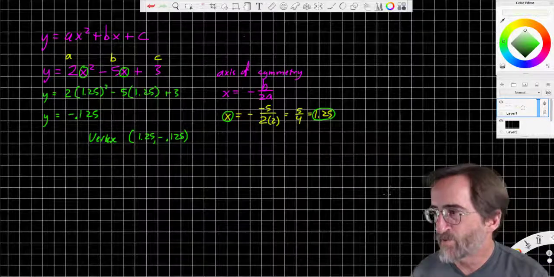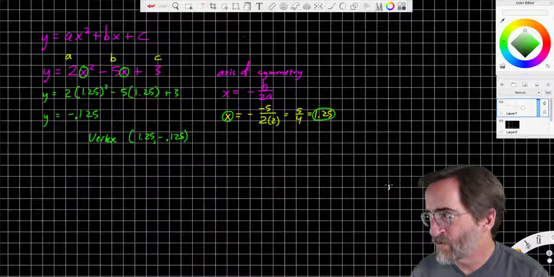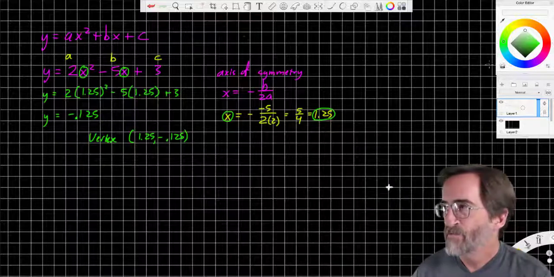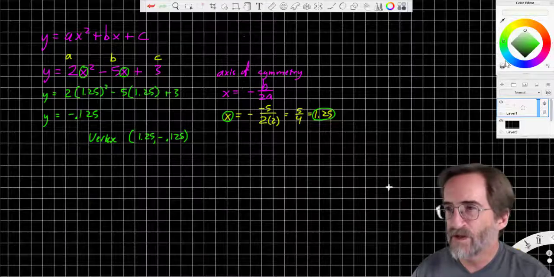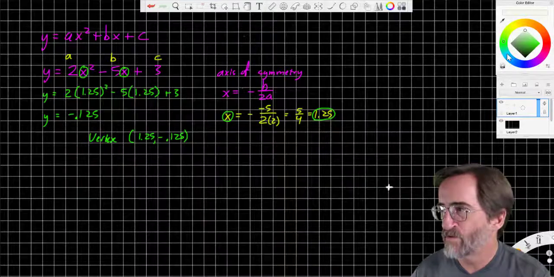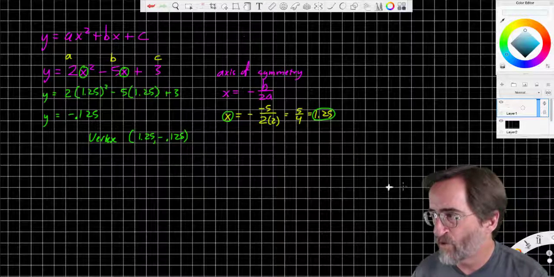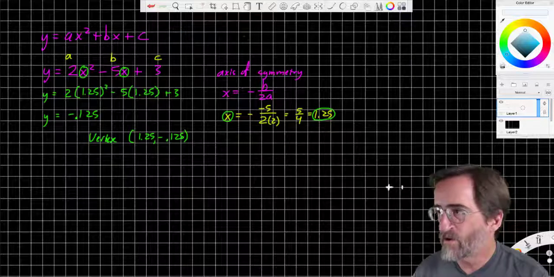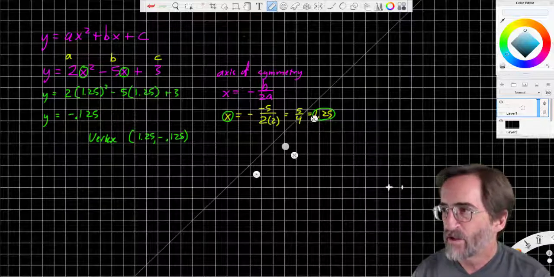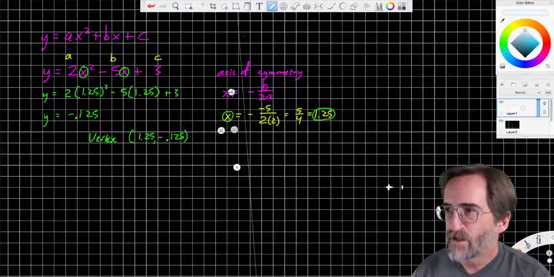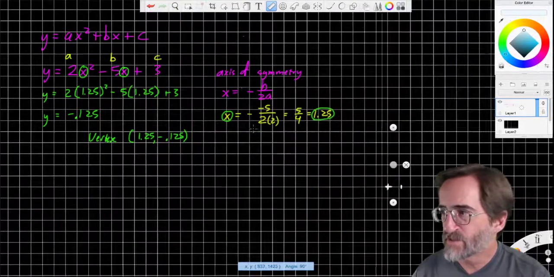So the first thing I'm going to do is put a little plus sign for the origin, the x and the y axis. I'm going to graph the axis of symmetry at x equals 1.25, so 1.25, right about here. And I'm going to draw a dotted line here for the axis of symmetry.